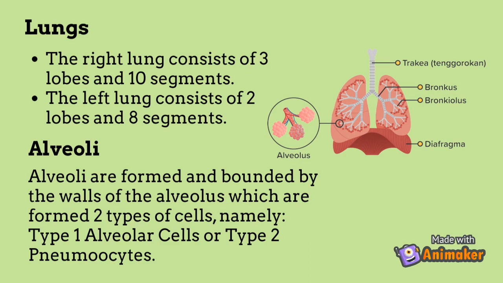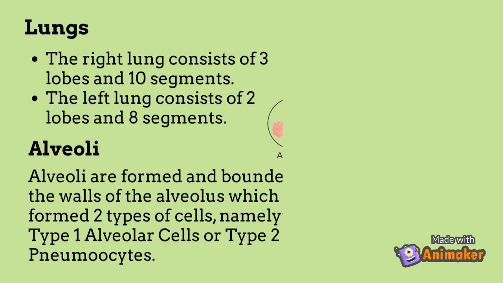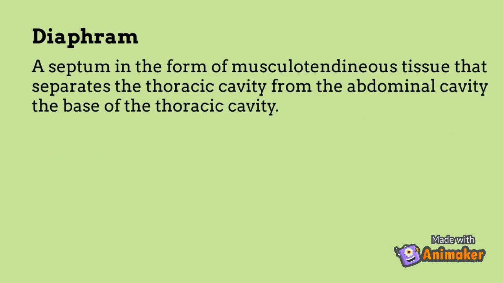Alveoli. Alveoli are formed and bounded by the walls of the alveolus, which are formed by two types of cells, namely type 1 alveolar cells or type 2 pneumocytes. Diaphragm.